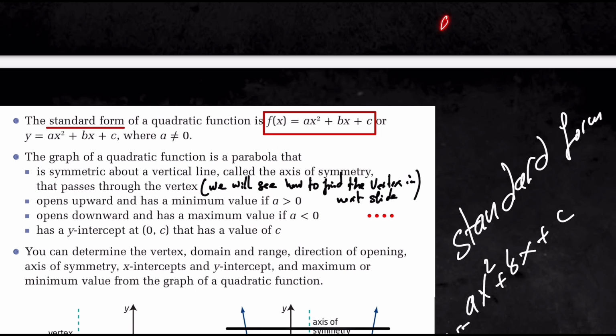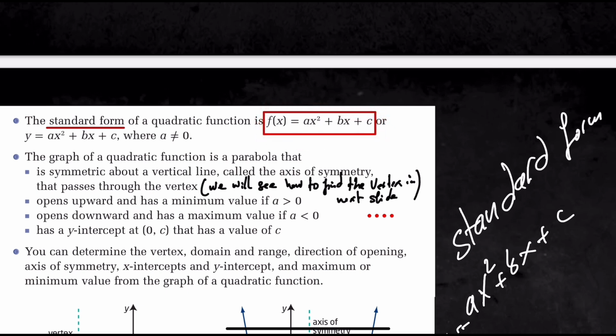The vertex form was like this: y equals a times (x minus p) squared plus q. So these 2 values show me the vertex. The vertex is (p, q). I can see them directly there. That's why it is called the vertex form. However, for the standard form, you cannot see your vertex directly.